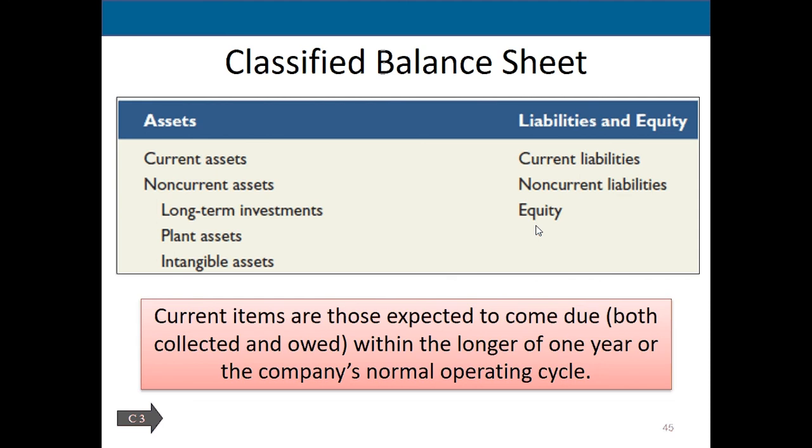This is really a pretty simple concept. Basically, anything that is current are things that are expected to happen within a year, right? In 1 year. So basically within a year. If it's non-current, we also call non-current things long-term, then basically it's going to happen a year or after.